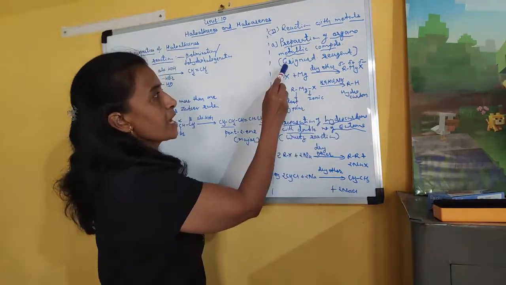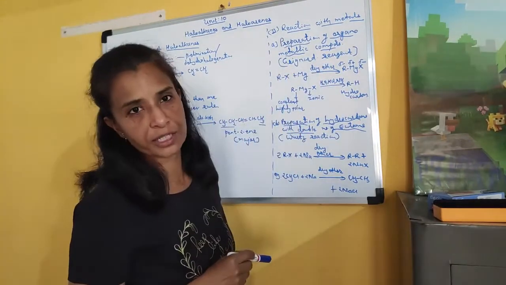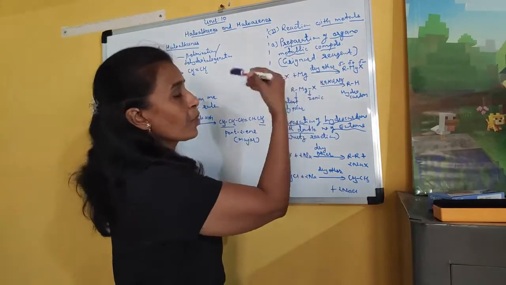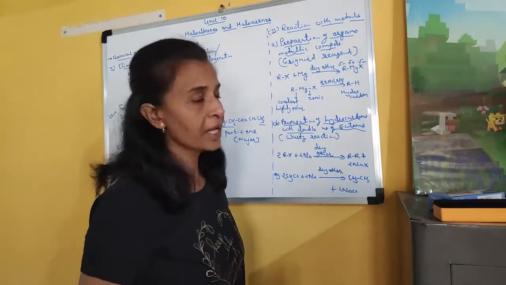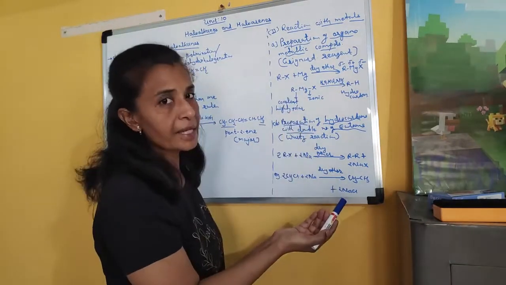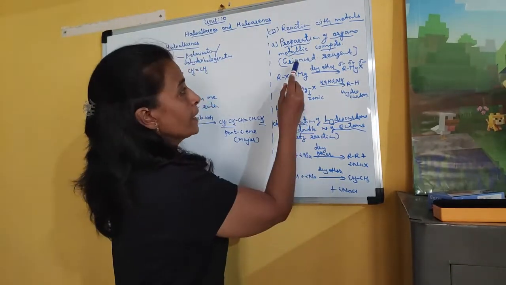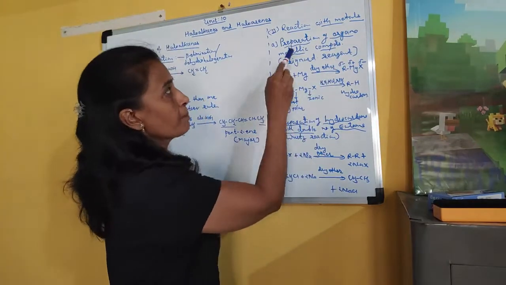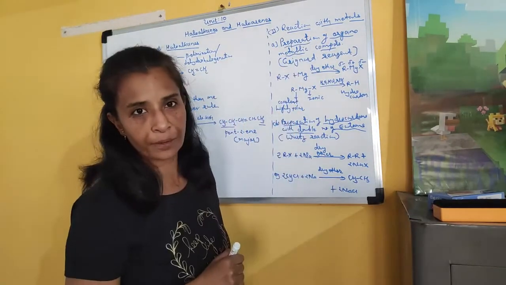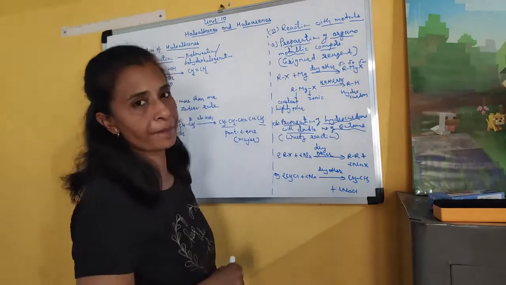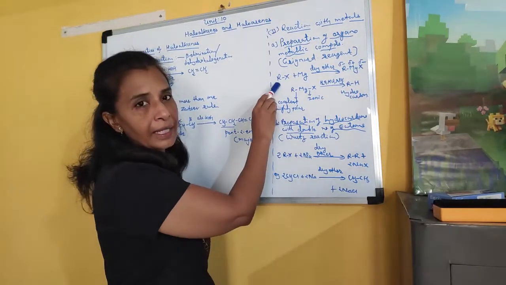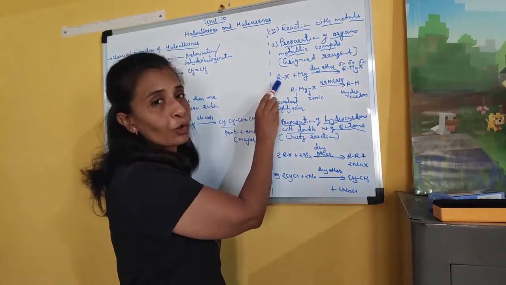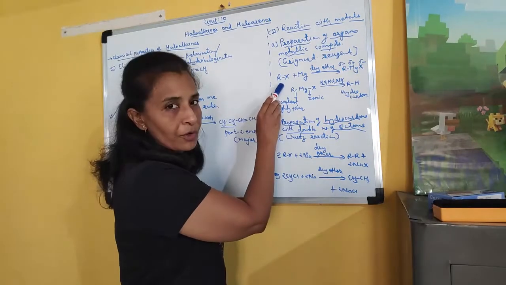In that, the example is Grignard reagent. This Grignard reagent was discovered by Victor Grignard, and that is why it is given the name in honor of that scientist. Now this reagent is an example of organometallic compound. Now how is it prepared? So haloalkane, as I told you, can be chloroalkane, bromoalkane or iodoalkane.